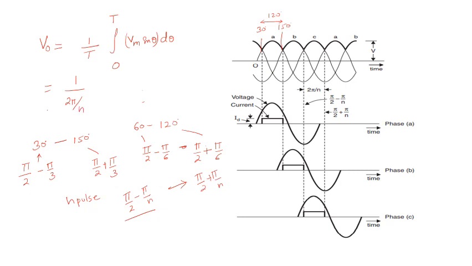So this is the time period, and I will not put 0 because my initial waveform starts from pi by 2 minus pi by n, and it goes to pi by 2 plus pi by n. The waveform will be Vm sine theta d theta.